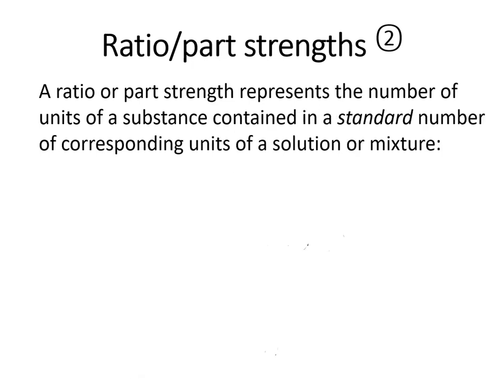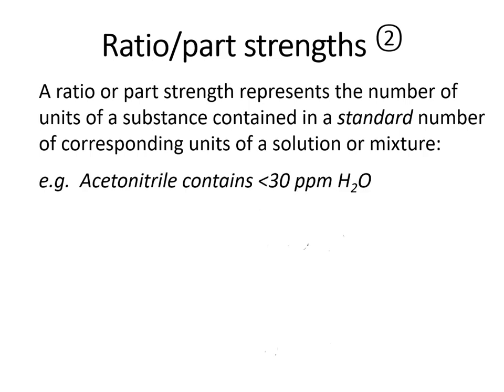The second way of expressing a ratio or part strength is as the number of units of a substance contained in a standard number of corresponding units of a solution or mixture. For example, acetonitrile contains less than 30 parts per million of H2O. Applying appropriate units, we could say that this is equivalent to less than 30 milliliters in 1 million milliliters.